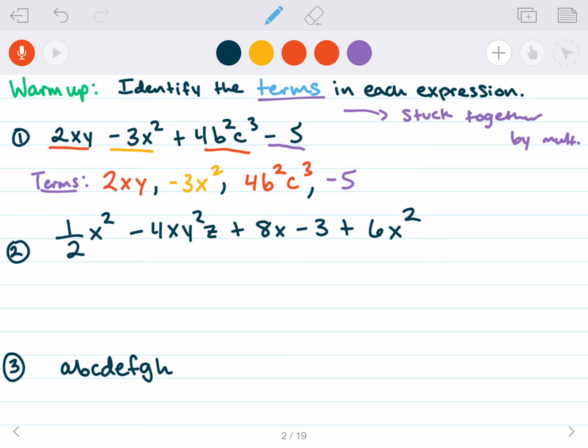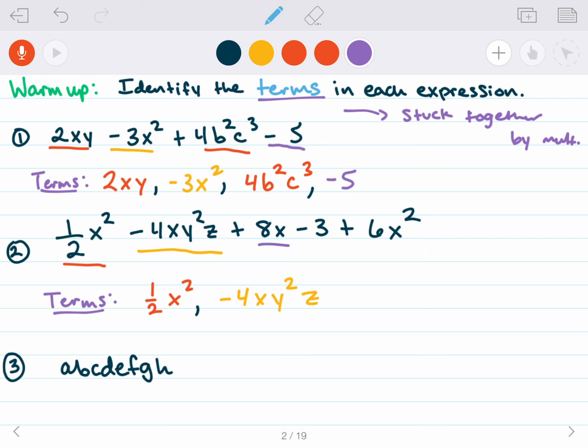All right, let's do the next one. I encourage you to pause the video and see if you can remember how to do this. All right, so we have 1/2 x squared followed by negative 4xy squared z, all stuck together with multiplication. Plus sign separates the terms.